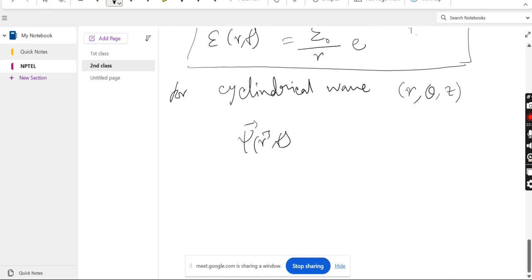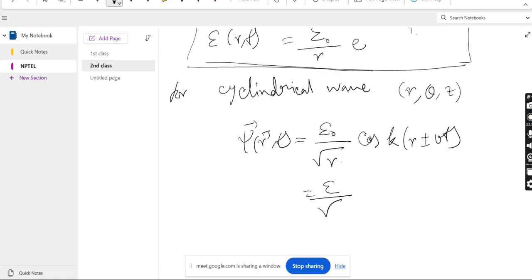If we want to see the whole derivation, how we get to that form, it should be 1 by r, and for cylindrical, it should be 1 by root over r, cos k r plus minus vt, or e to the power i k dot r minus omega t.